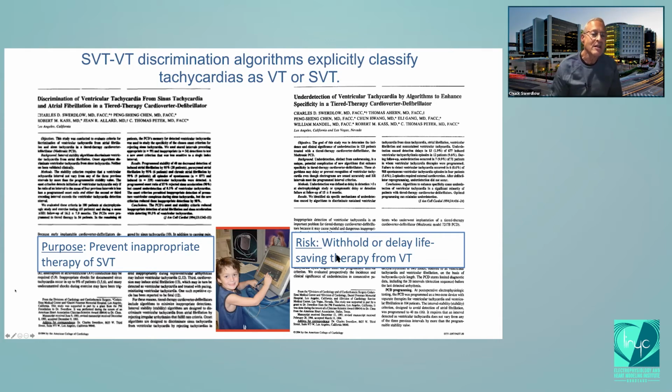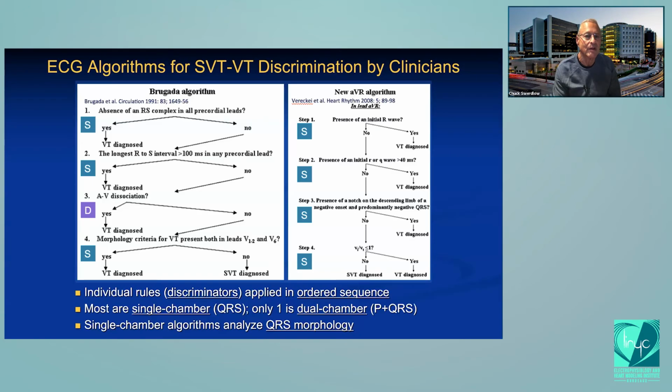And while the details of the algorithms have changed, and some of the best modern work on SVT-VT discrimination has come from those of you in the audience in Bordeaux, for our students, these basic principles remain the same. We want to reject SVT, but not miss life-threatening VTs.